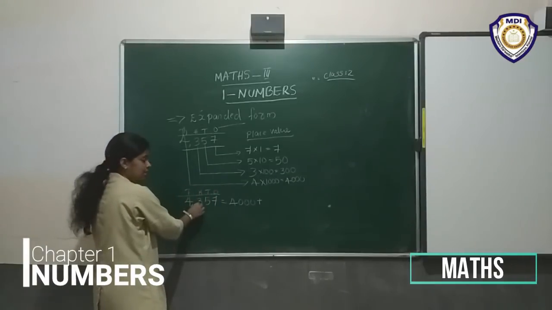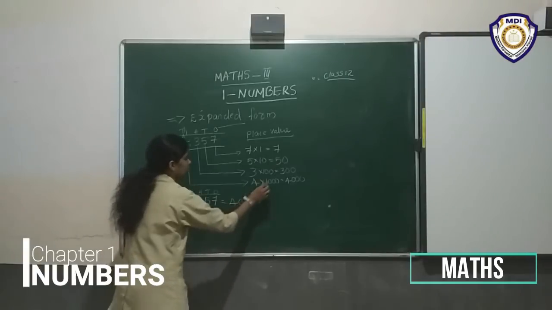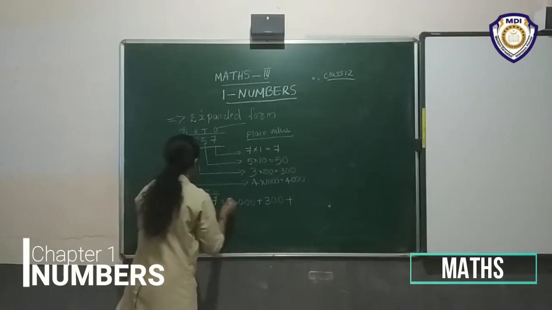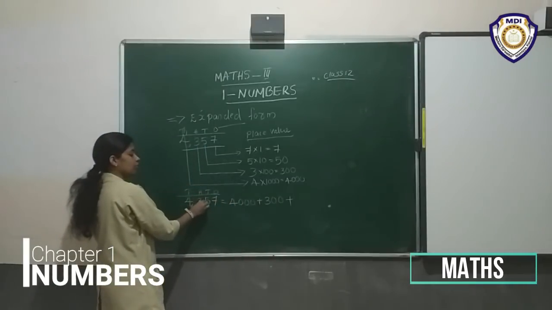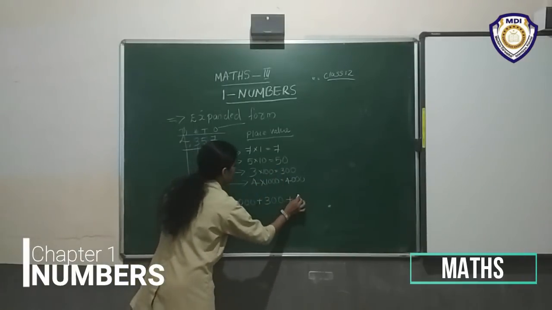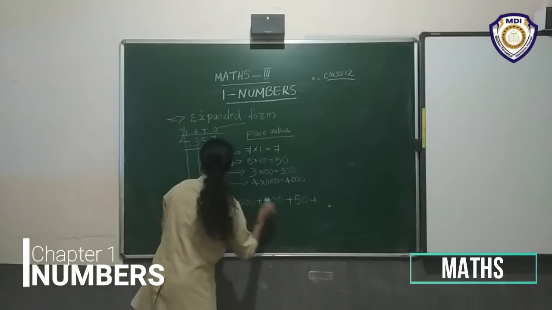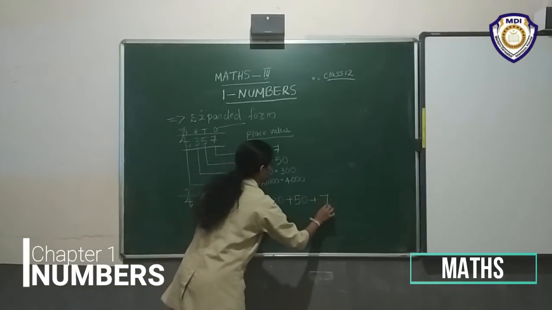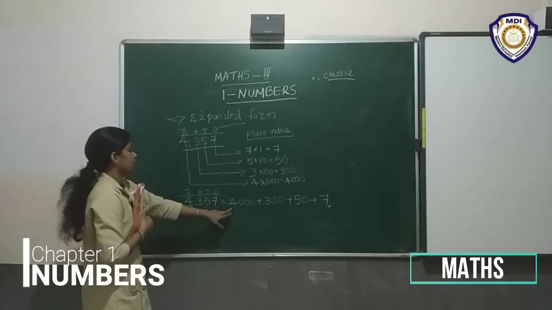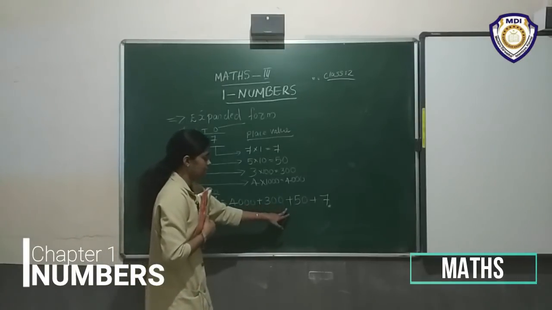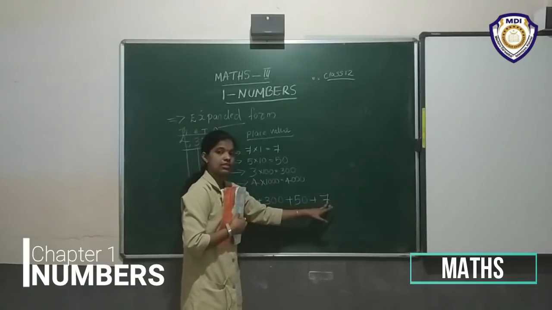Place value of 3, 300, plus place value of 5, 50, plus place value of 7, 7. 4,000 plus 300 plus 50 plus 7.